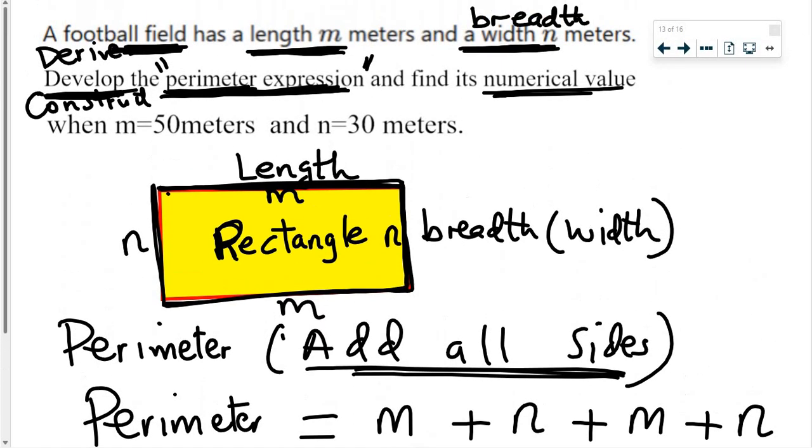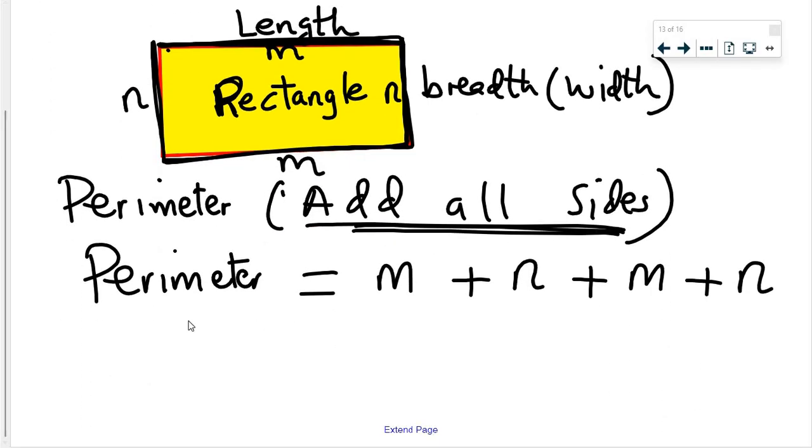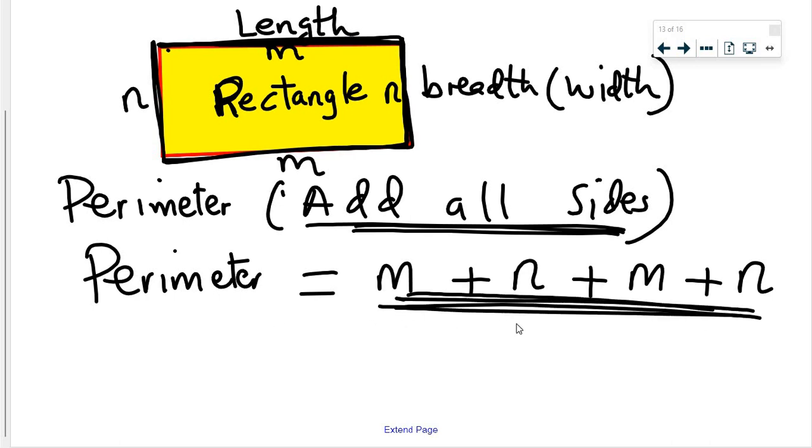Now, how do we find the simplest form of this expression? The simplest form is obtained by collecting like terms. We have m plus m, in other words twice m. How many m's do we have? We have 2 m's.